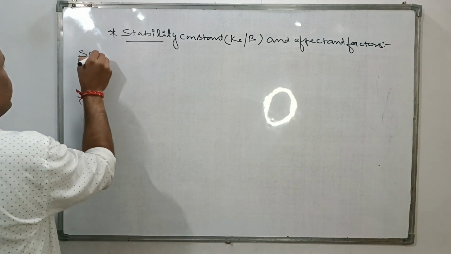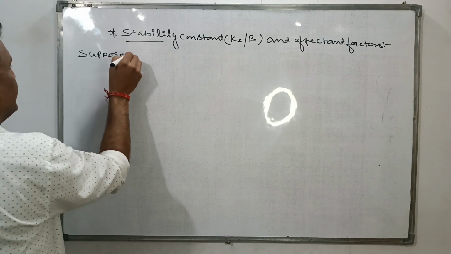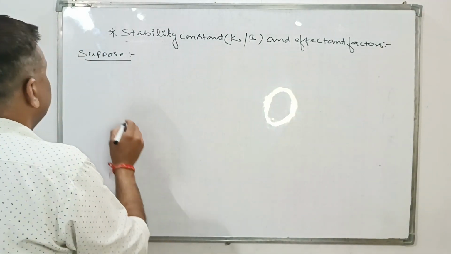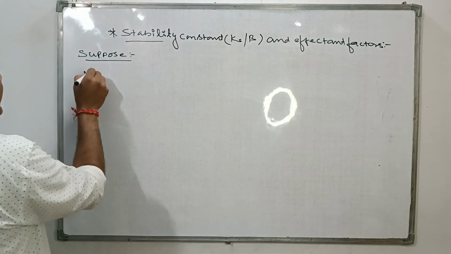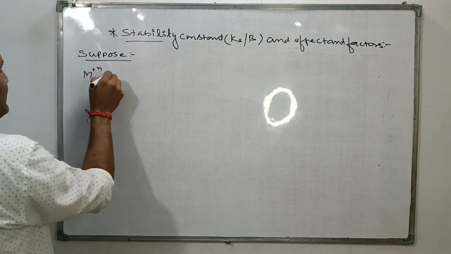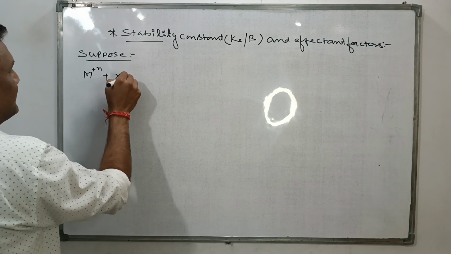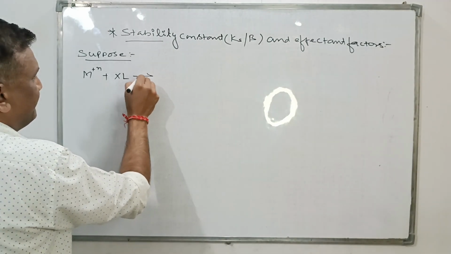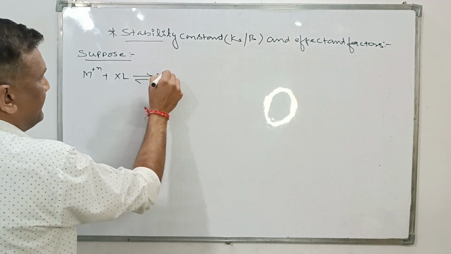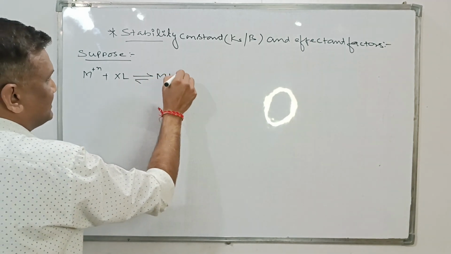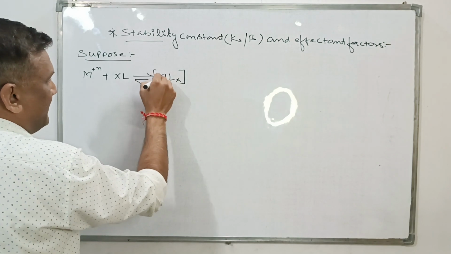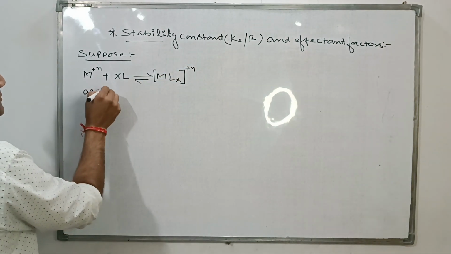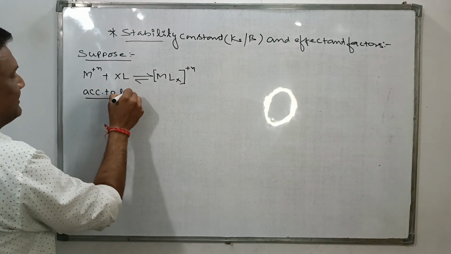Suppose there is the formation of a complex compound as follows: M plus X number of ligand L, here will be formation of MLx, with power plus n.